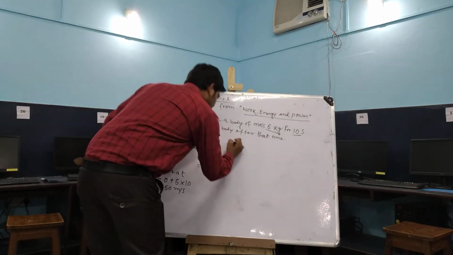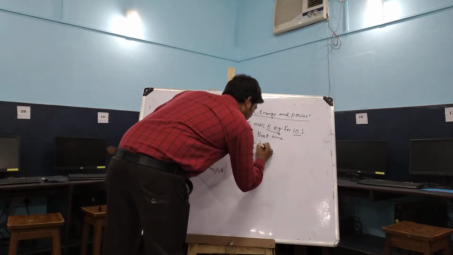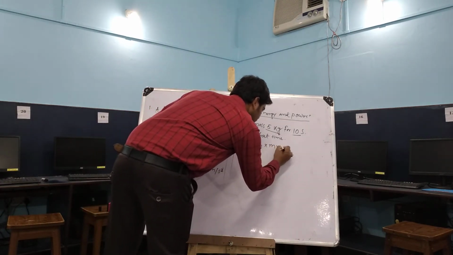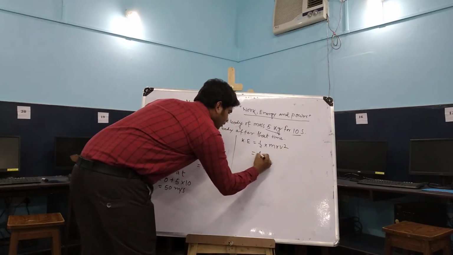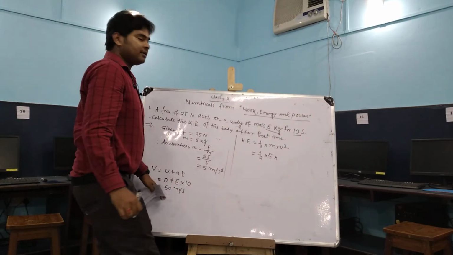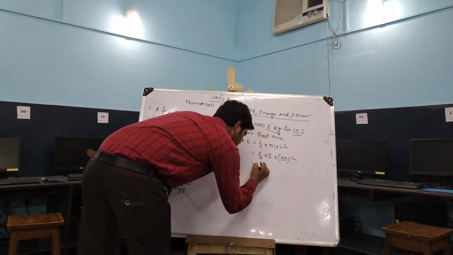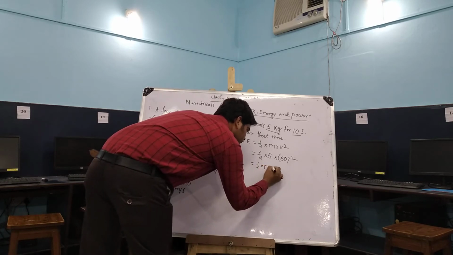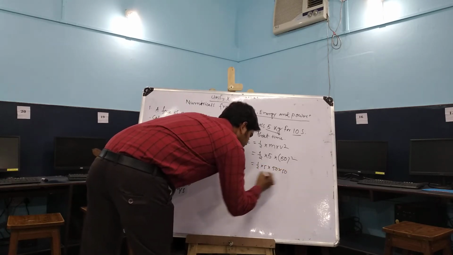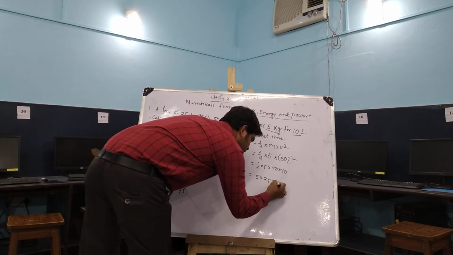Now kinetic energy is equal to half into mass into square of velocity. The value of mass is 5 kg and v is 50 meter per second. Put the value 50. So 50 into 50, we will get 5 into 25 into 50.